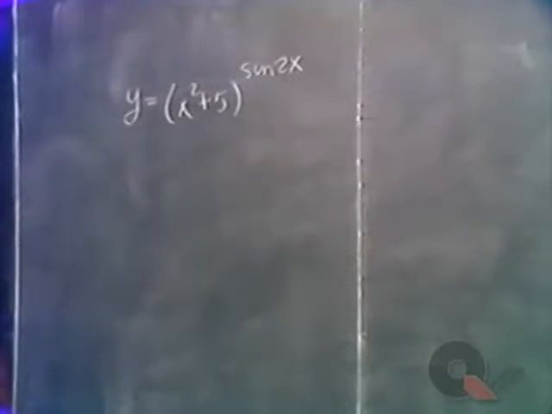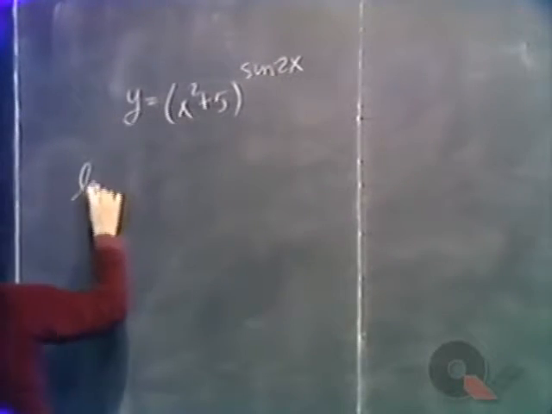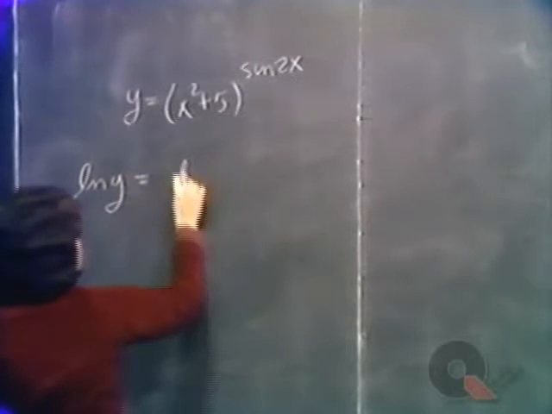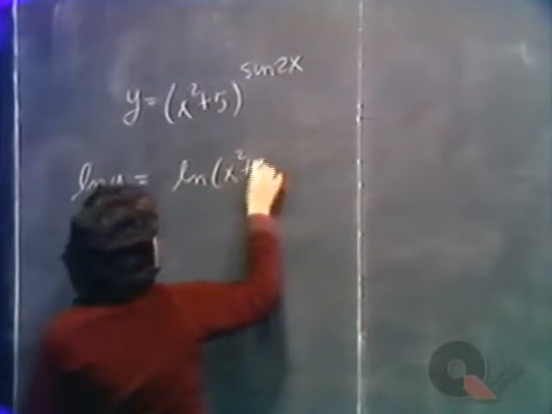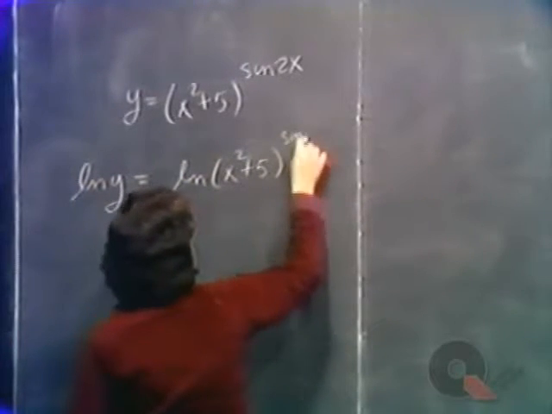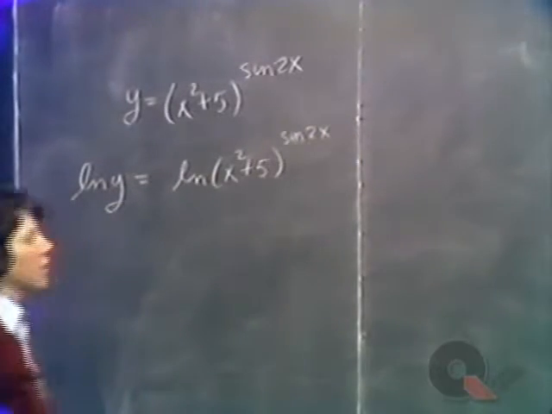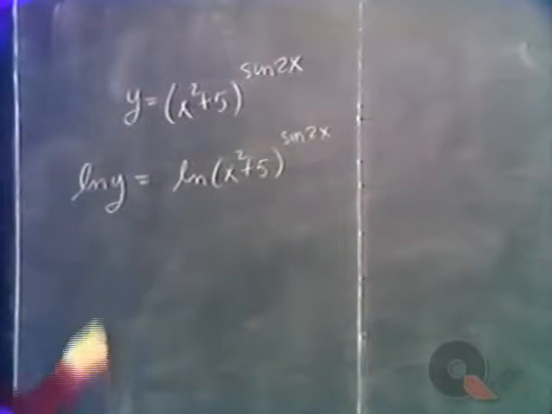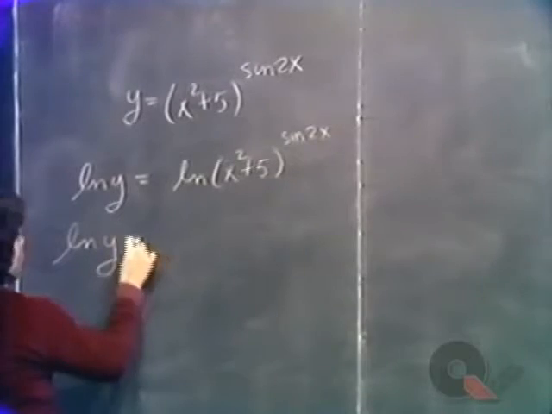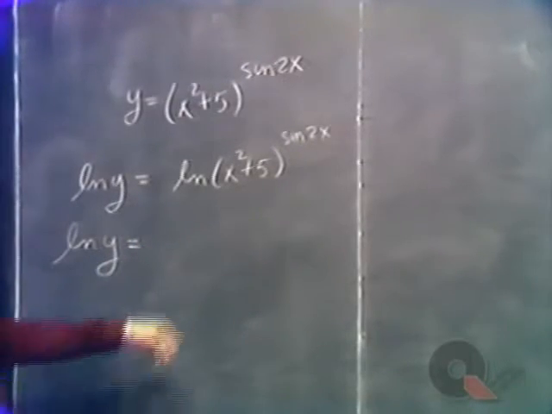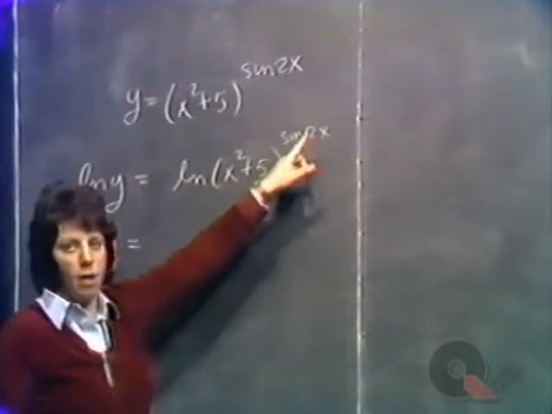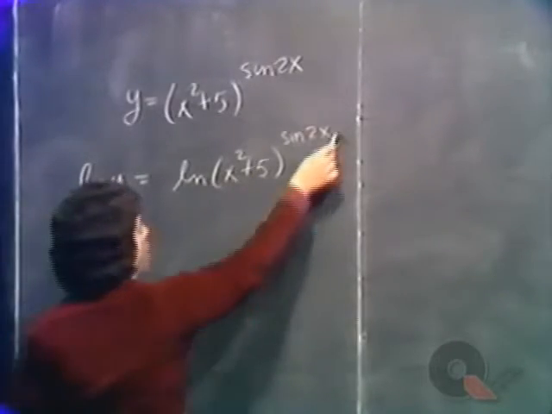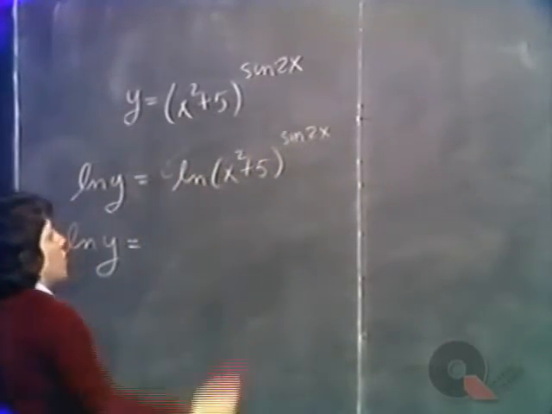And the trick here is to take natural logs of both sides. The natural log of y is equal to the natural log of x squared plus 5 to the sine 2x power. And why do we take natural logs? Because it's a property of natural logs that the log of something to a power can be rewritten as the power times the log of the something.